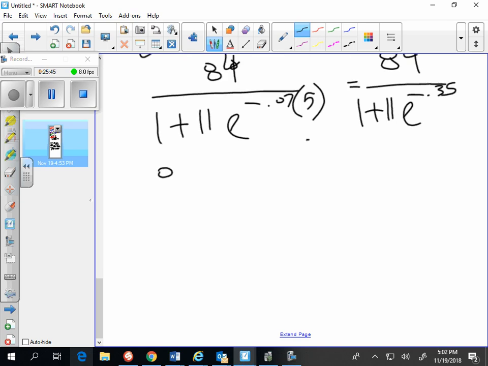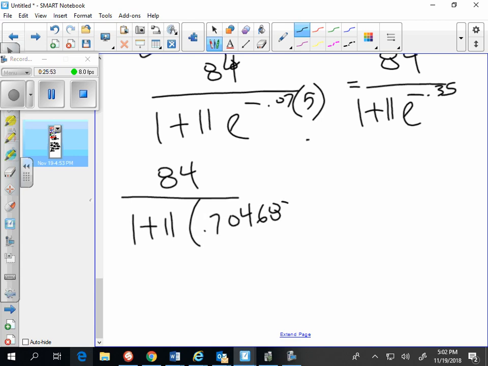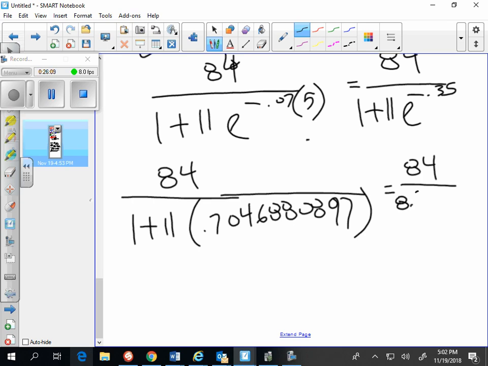So that's going to be 84 over 1 plus 11 times 0.70468880897. I want to multiply that number times 11 and add 1 to it, and I end up with 84 over 8.7515689887.